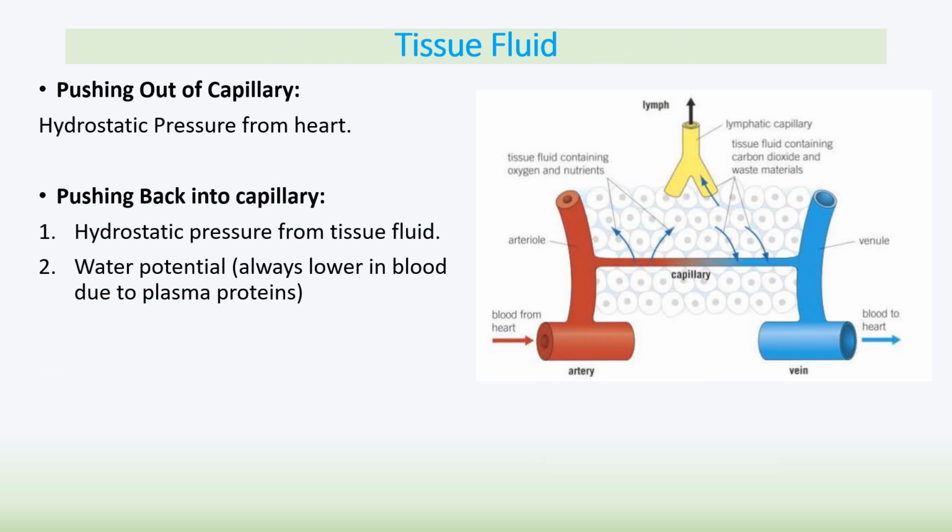And if we look at how it works, we're basically pushing out of the capillary. There is a high amount of hydrostatic pressure forcing the fluid out into the tissues, and pushing it back in, there is less hydrostatic pressure, so it's linked to that being decreased, and water potential draws liquids back in with the water.